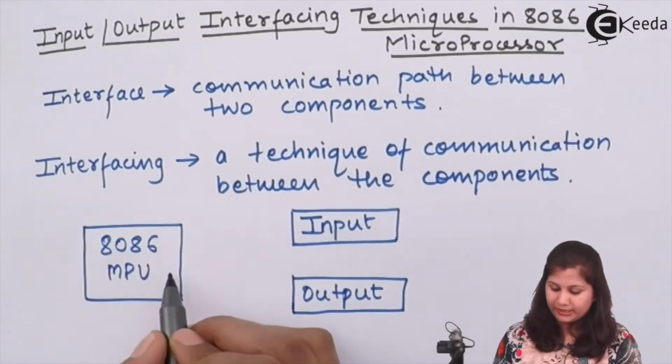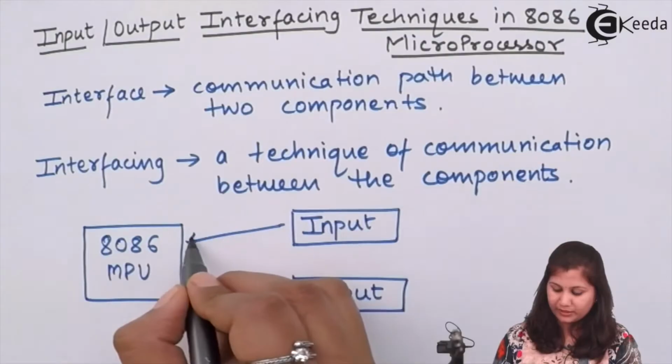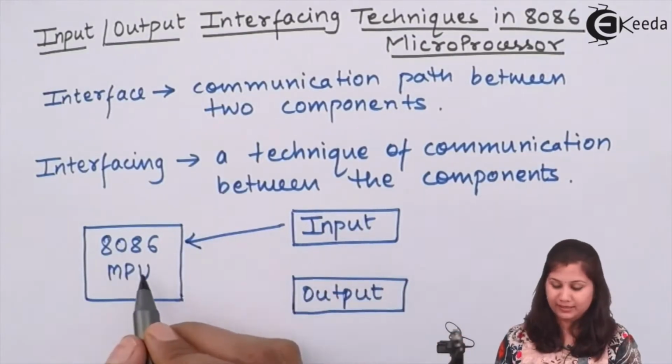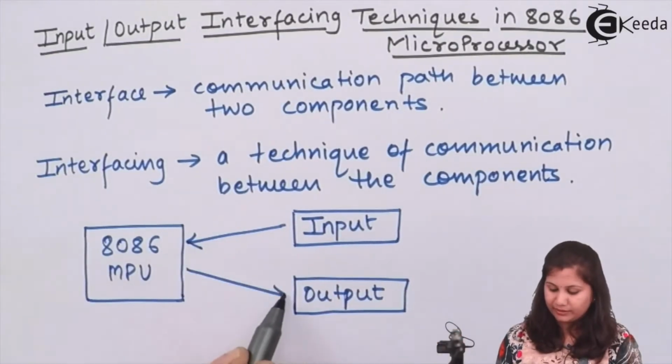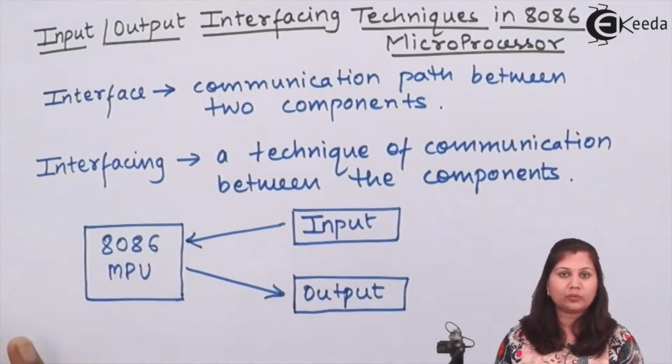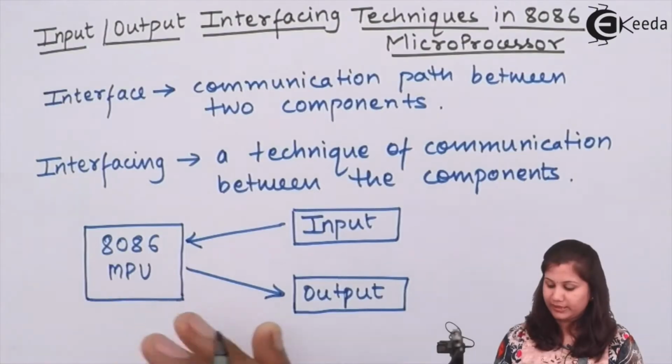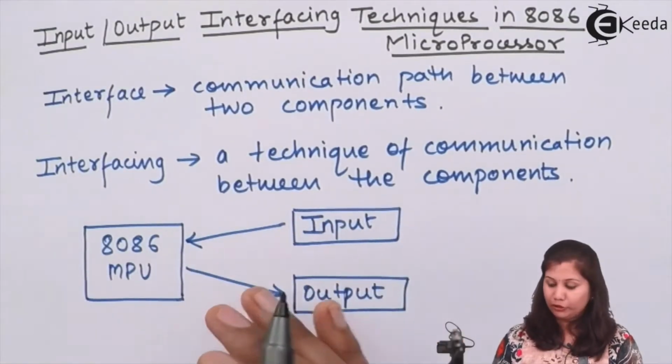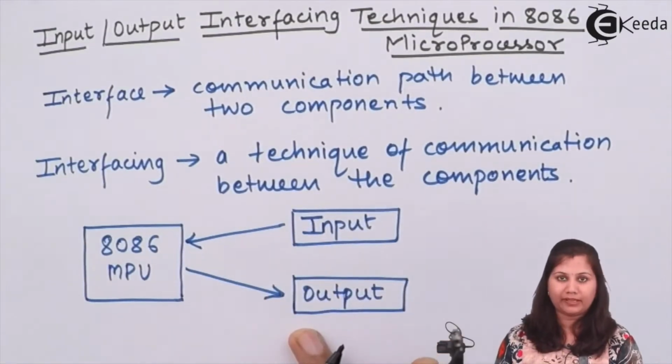The 8086 microprocessor is going to get the data from the input devices and send the data to the output devices. So it is communicating with the external world. This is its external environment through the input and output devices.